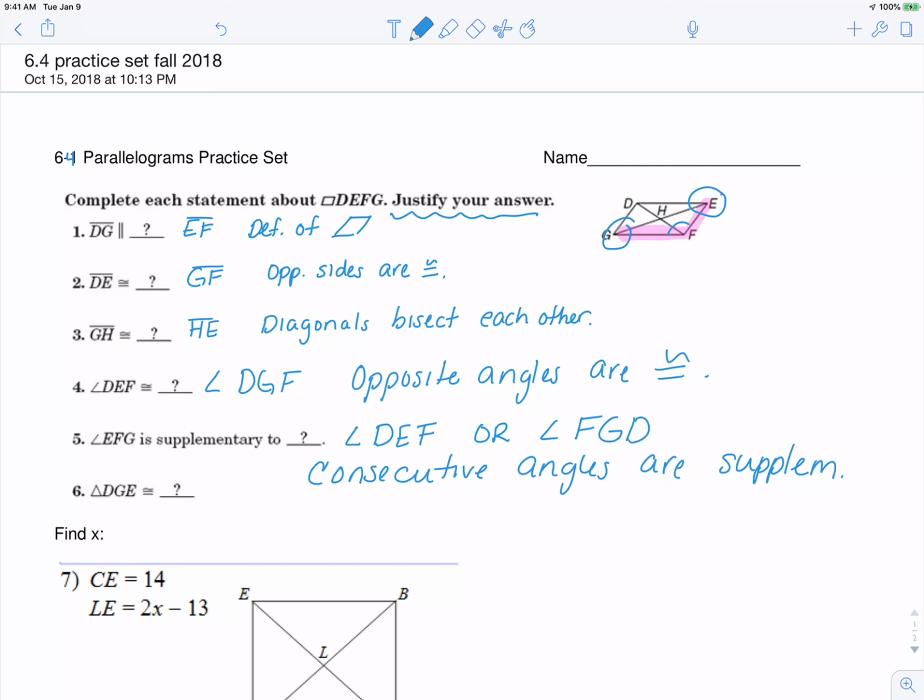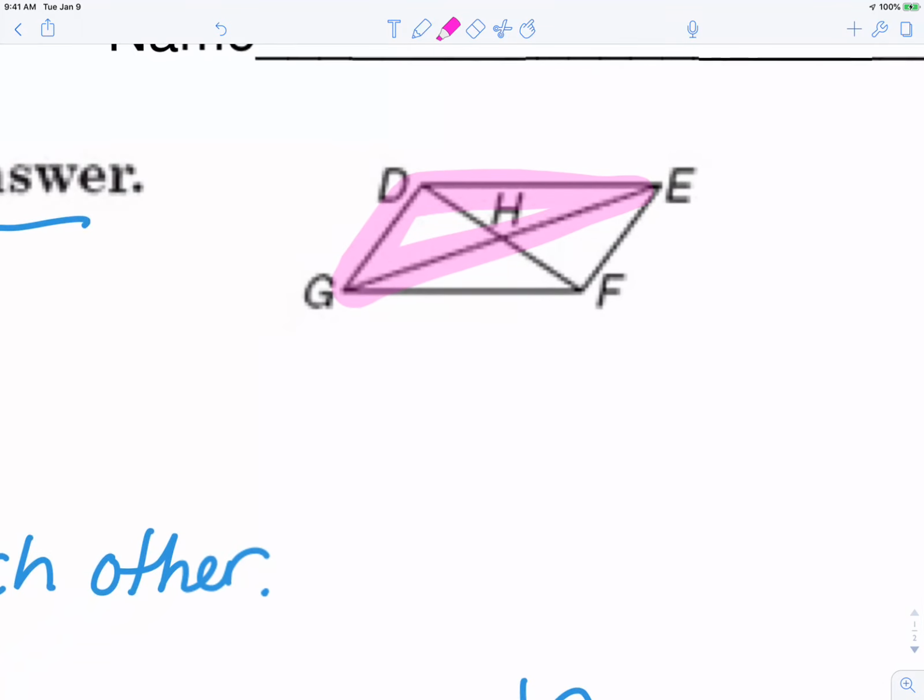All right, and finally, number 6 is triangle DGE. So triangle DGE is congruent to what triangle? You know that opposite sides are congruent, and then there's a shared side right here.